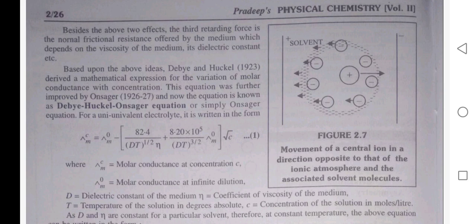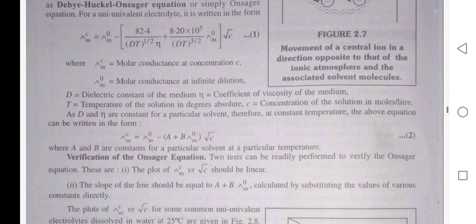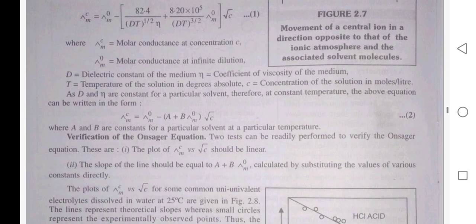Here, lambda m is equal to molar conductance at concentration C. Lambda naught m is molar conductance at infinite dilution. D is equal to dielectric constant of the medium. Eta is equal to coefficient of viscosity of the medium. T is equal to temperature of the solvent in degrees absolute.